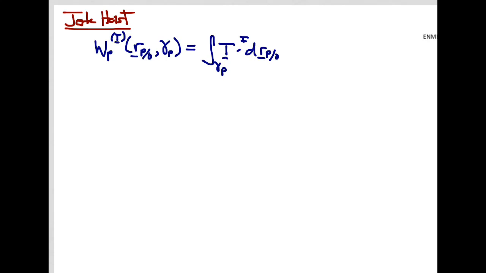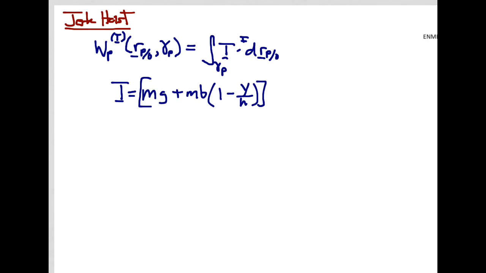Now the reason why we can calculate this using this integral is because we have our force, our tension, that's very well defined, and we also have our path that's very well defined but also very simple. So these two components that go into this are our tension vector, which is equal to mg plus mb multiplied times 1 minus y over h.